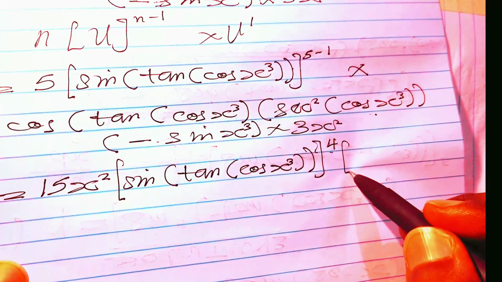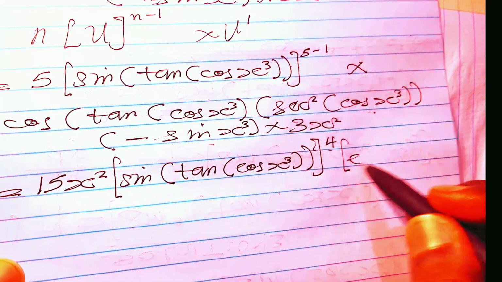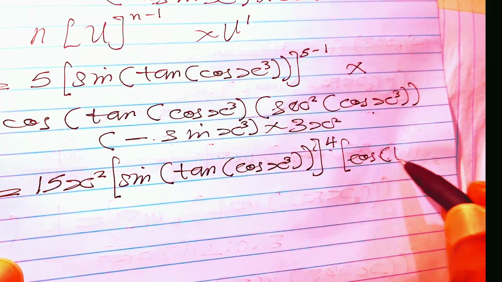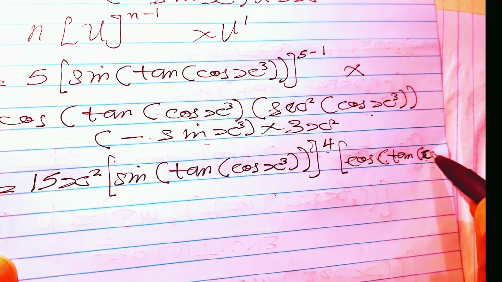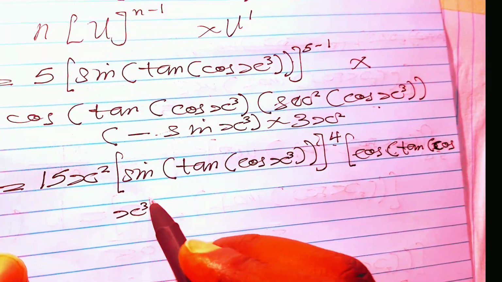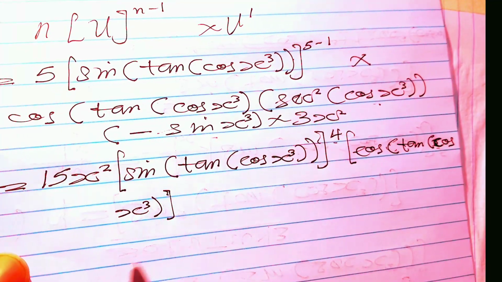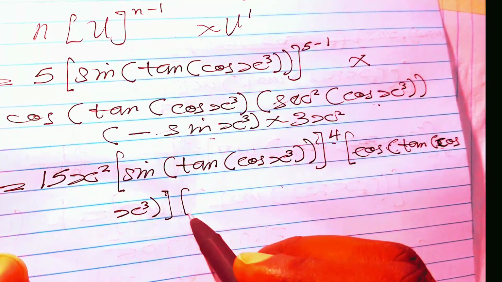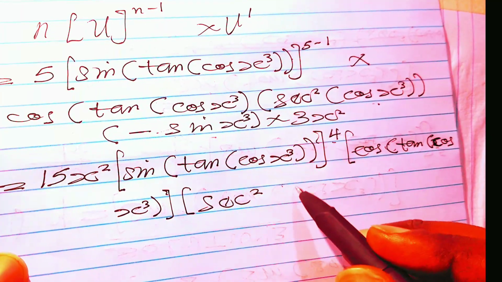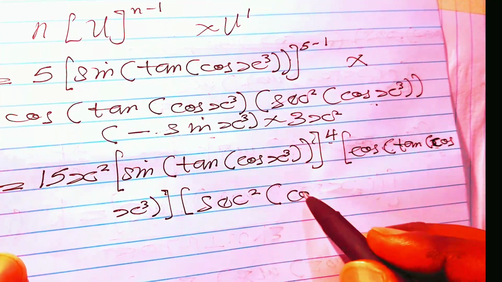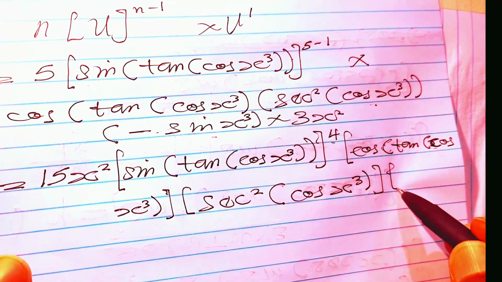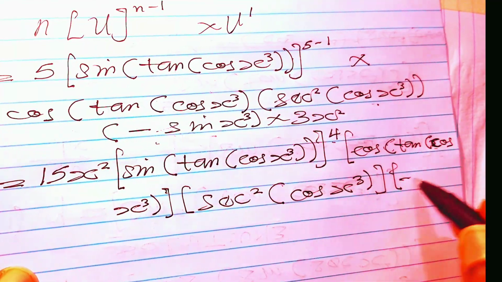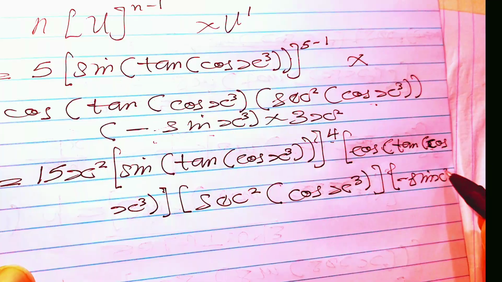So that becomes, in a bracket, cos, in a smaller bracket tan and then bracket cos x cubed. We close our bracket, and then we still have the other bracket, sec squared bracket cos x cubed, in the bigger bracket, then multiply by negative sine x cubed.